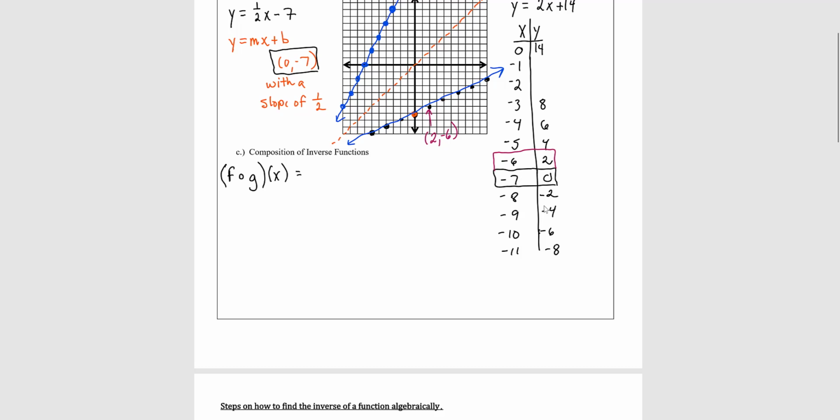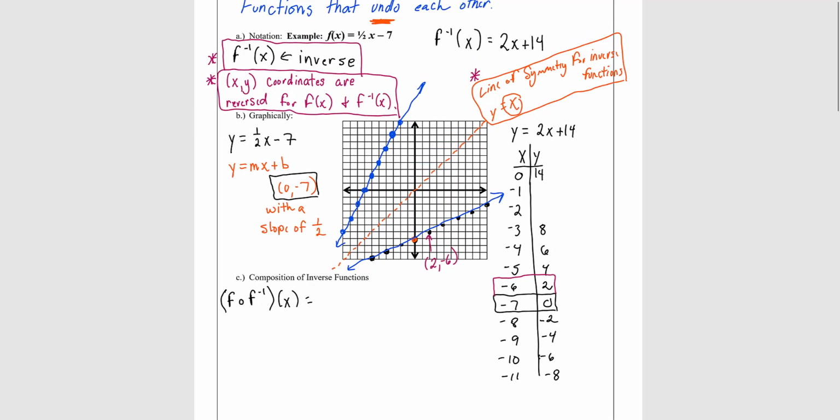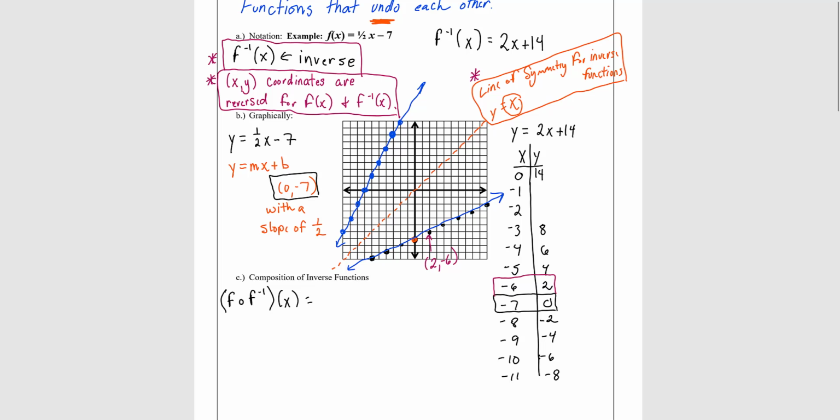So this means we're going to take x and substitute it in for g, and that doesn't really change anything. And let's actually, instead of saying f of g, say f of f inverse. It doesn't really matter, but since we didn't use the letter g in this example, we're going to do f of f inverse. So that means we work our way inside out.